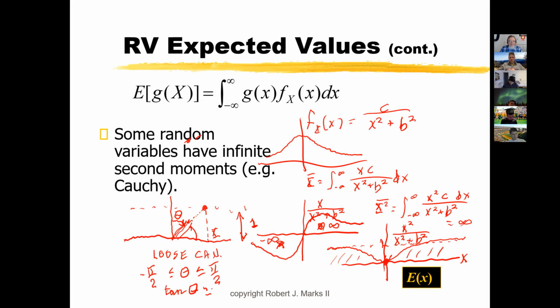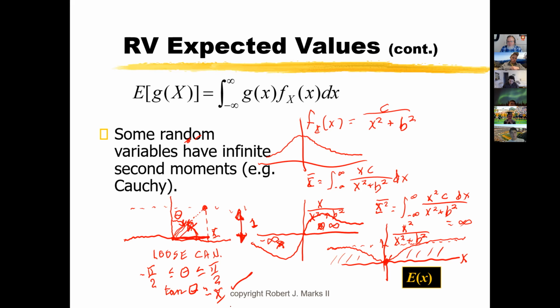Tangent of theta is equal to X, isn't it? This is a length of X. This height is a length of 1. And this leg is equal to X, right? So is it the tangent of theta? I think it is the tangent because I'm used to the theta coming this way. So X is equal to the tangent of theta.